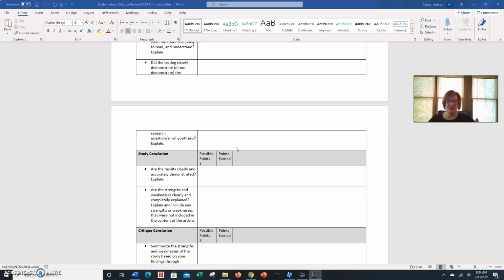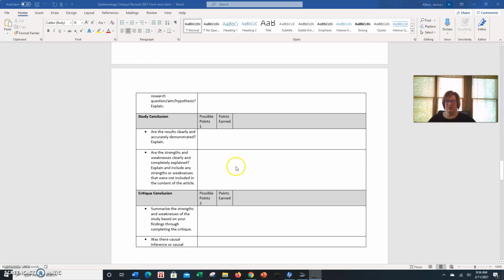Because very often in doing studies, some of the authors do try to get positive results when the data really doesn't show that; they're really grasping at straws, so to speak, to prove what they set out to prove. So keep that in mind. And then with the study conclusions, are the results clearly and accurately displayed? Here we're getting into the same type of information.